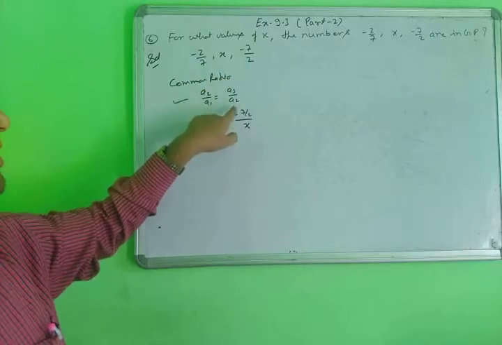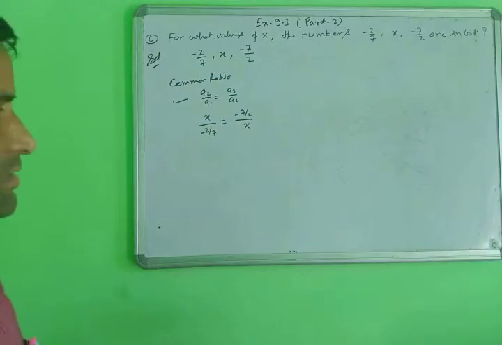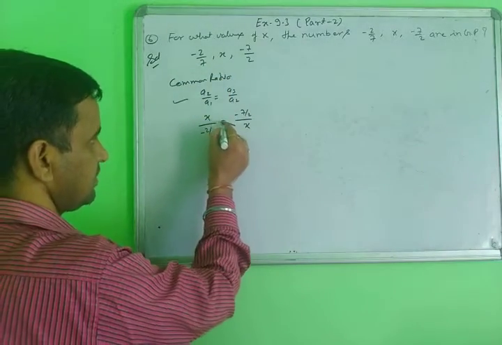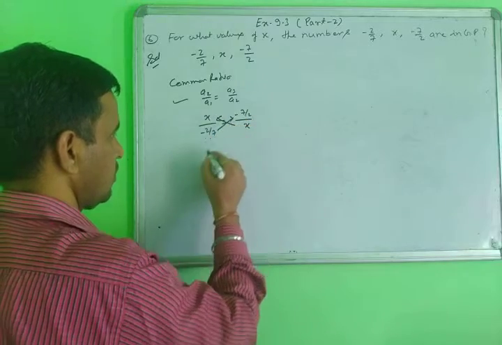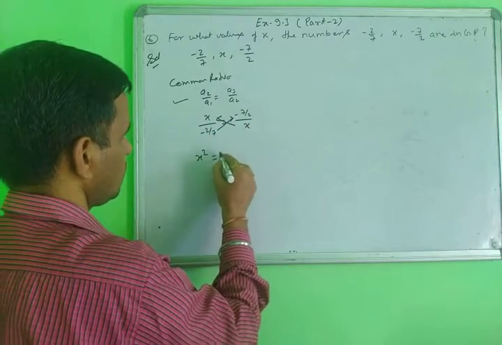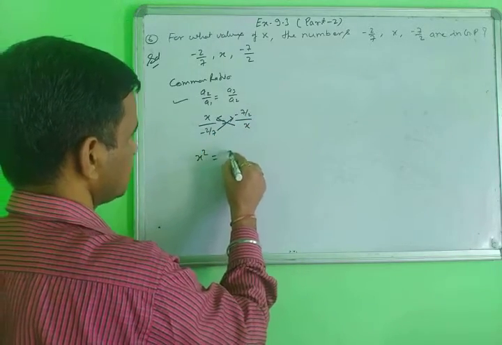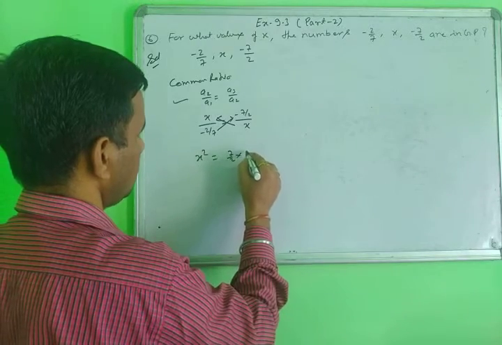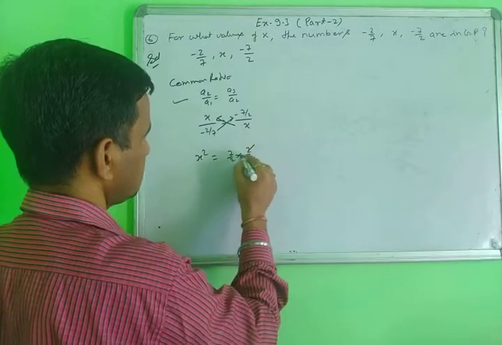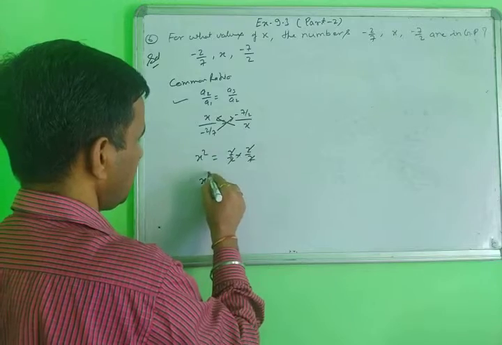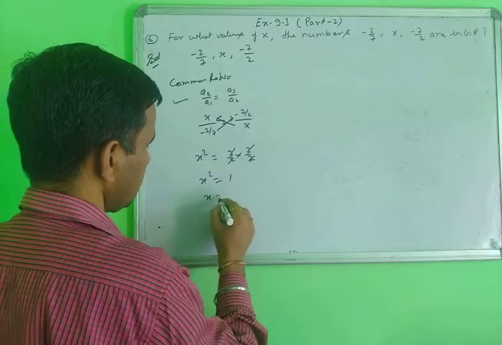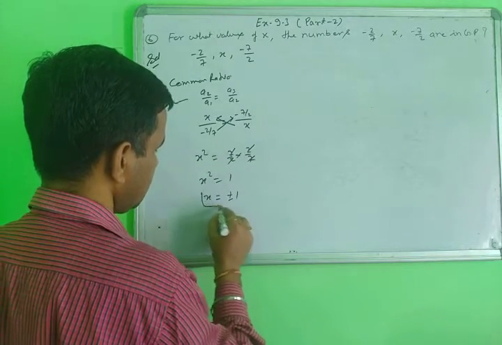Then cross multiply. X square equal to minus minus, here plus, 7 upon 2 into 2 upon 7, this will be cancelled. So x square equal to 1, x equal to plus minus 1.